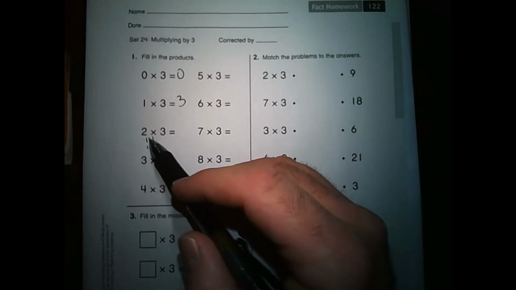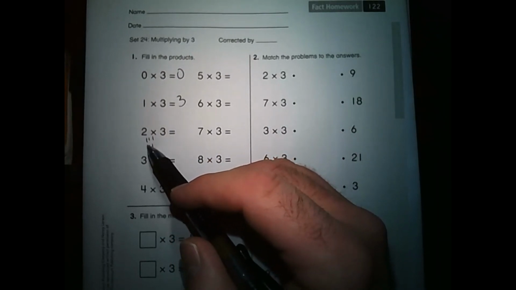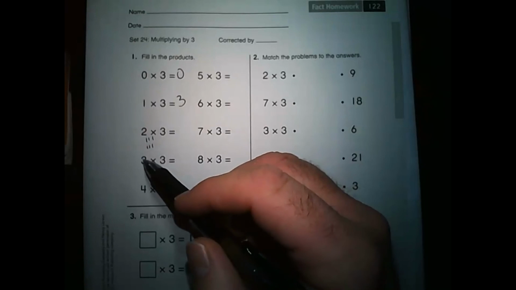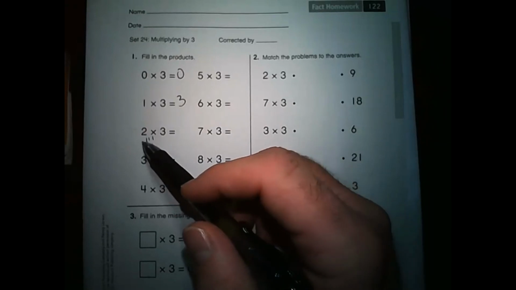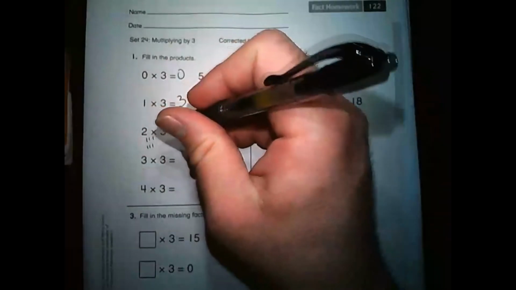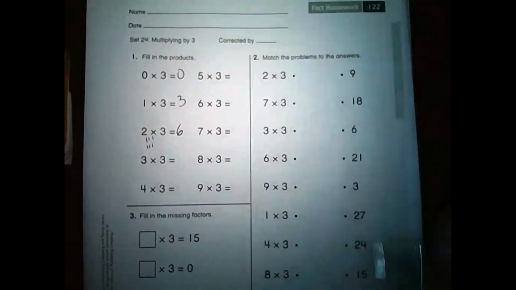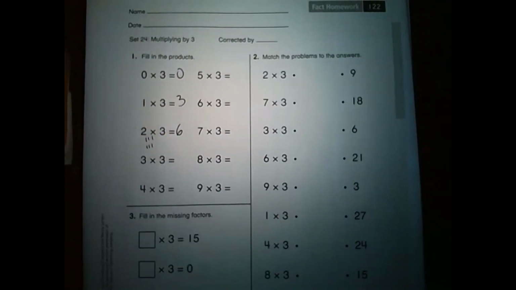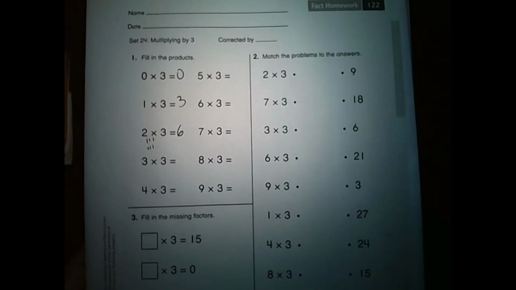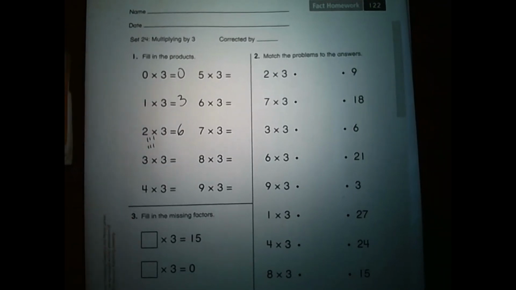We've got 1, 2, 3, 4, 5, 6. So our answer is 6 for 2 times 3. Okay, and I'm going to leave that there for you guys to look at as we move on to the next part of the worksheet. But if you have any questions with that, please feel free to reach out. But it's very much the stuff that we've done in the past. You're just grouping. Okay.